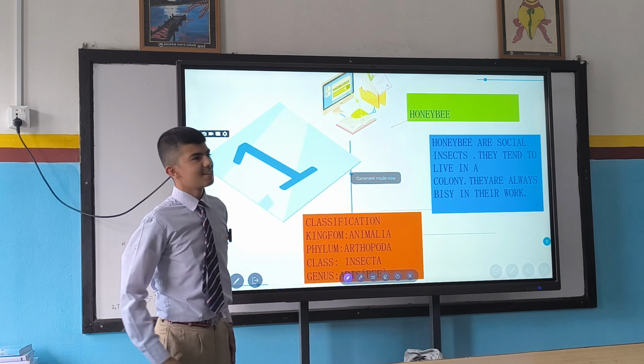The size of the queen bee is comparatively larger than the other bees. The function of this type of bee is to lay eggs.